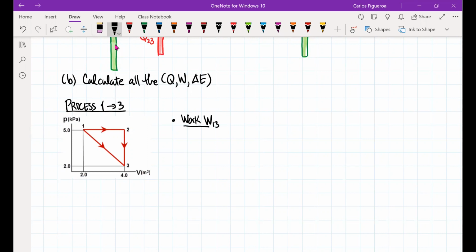1 to 3. So if I do that, remember this is a negative area. When I look at the work, note that there are two pieces. There's this piece right here, and then I have another piece right here.